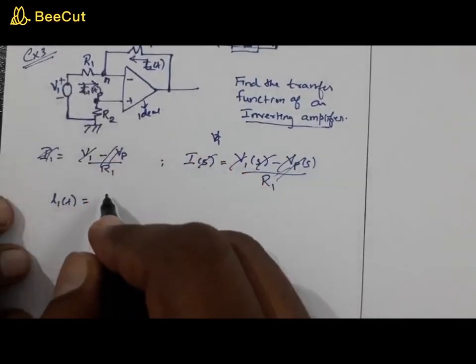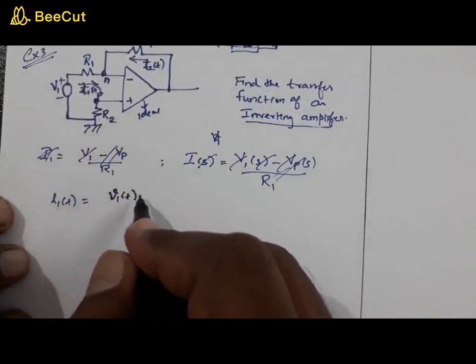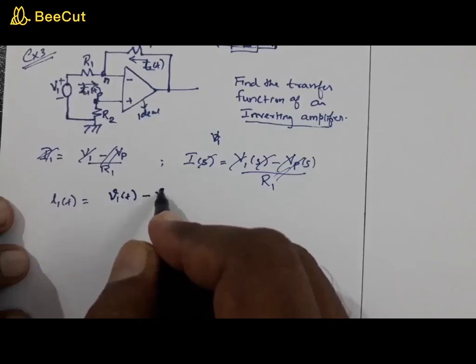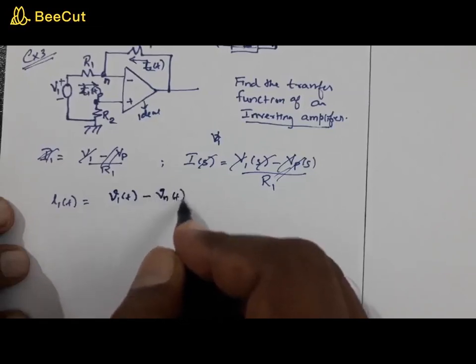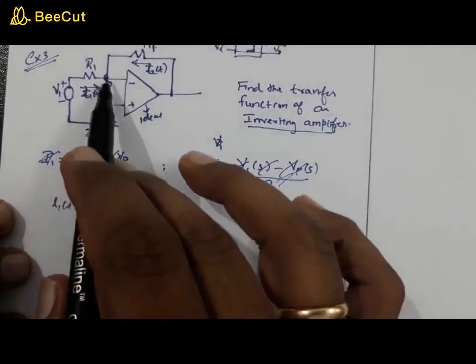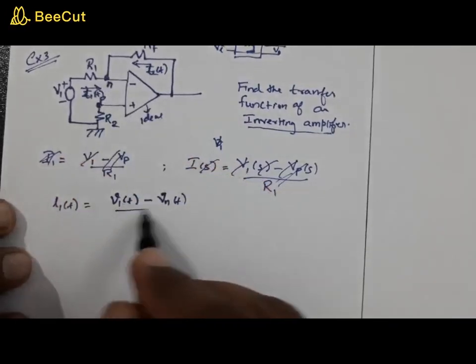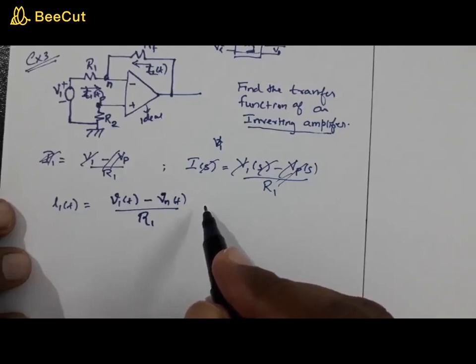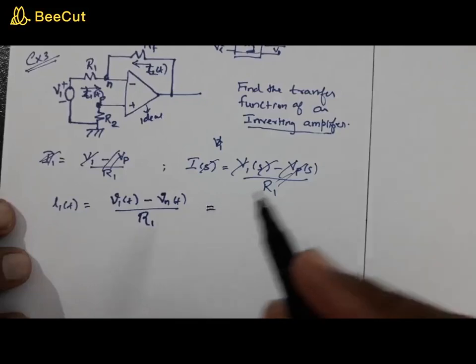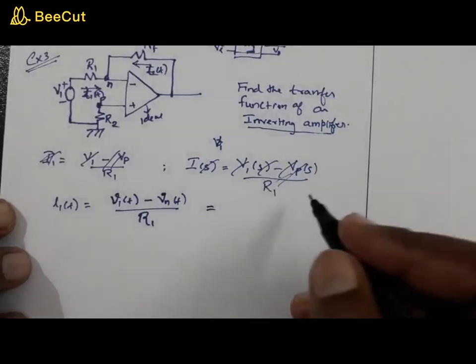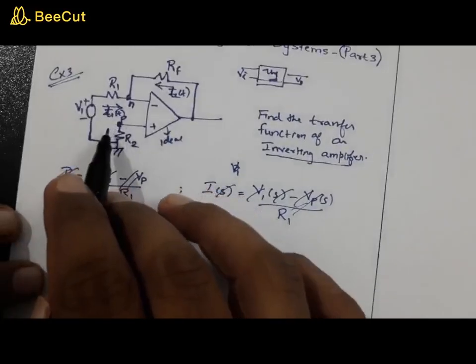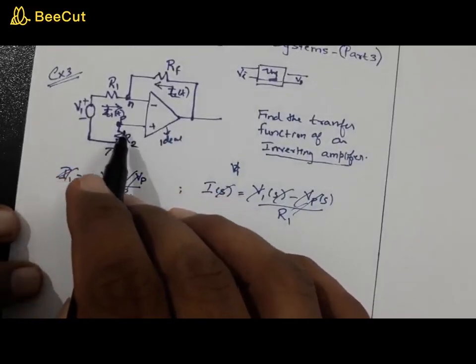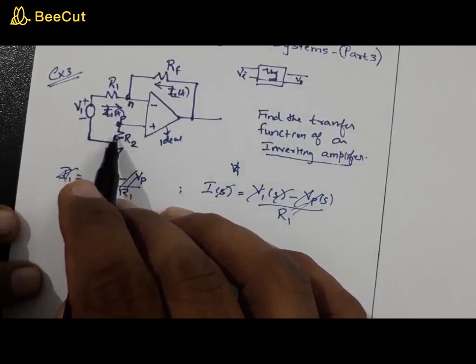When you write the equation for I1 of t, it is V1 of t minus Vn of t, divided by R1. Vp is actually 0, because there is no current flowing through R2, so no voltage drop across R2.